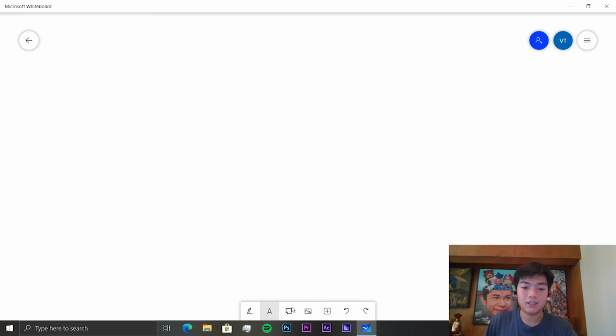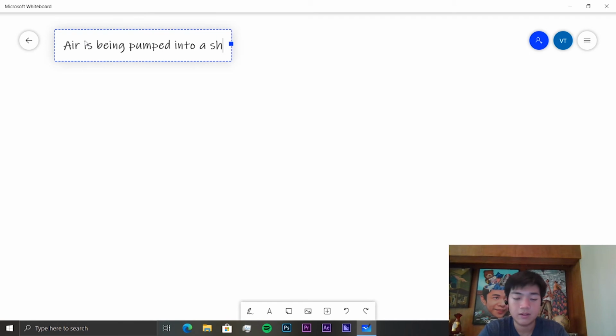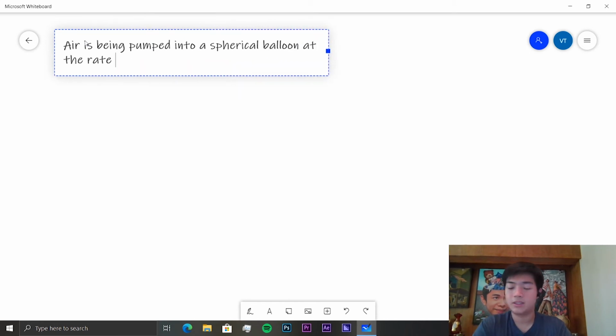And the next question is, air is being pumped into a spherical balloon at the rate of 7 centimeters cubed per second.